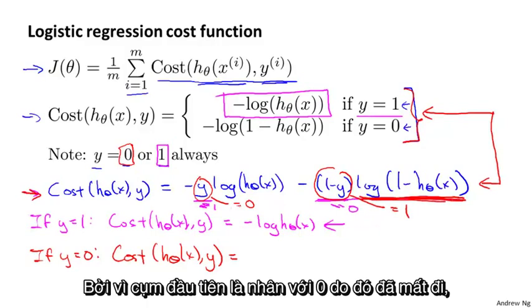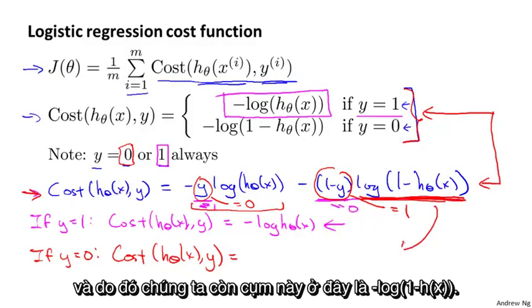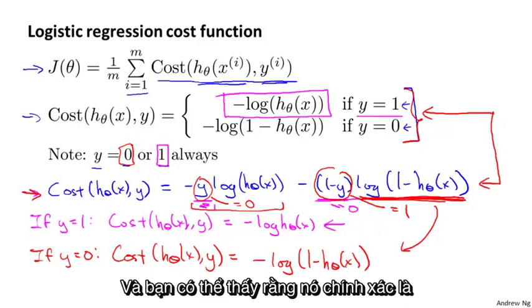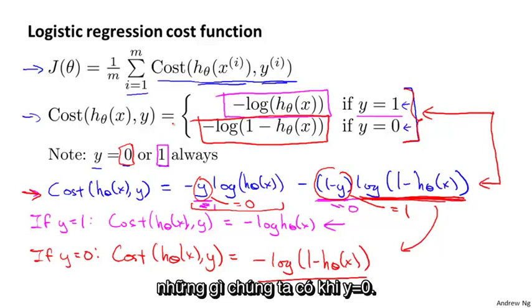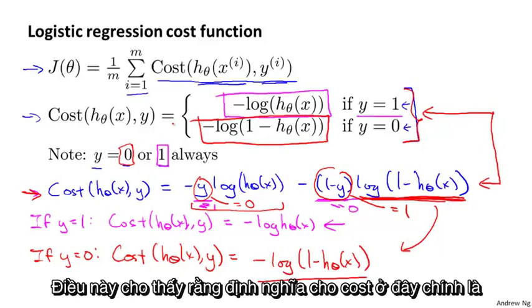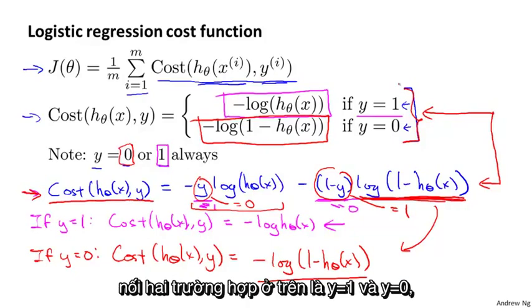Because the first term over here gets multiplied by 0, and so disappears. So we're just left with this last term, which is minus log 1 minus h of x. And you can verify that this term here is just exactly what we had for when y is equal to 0.